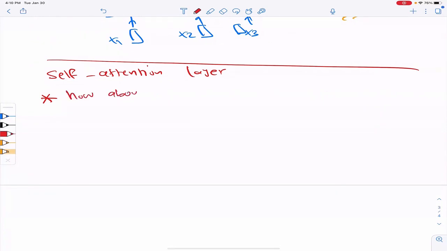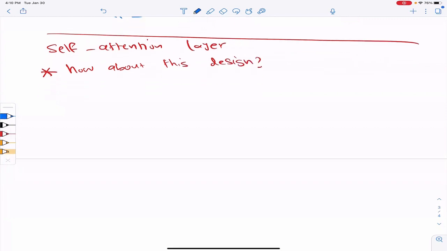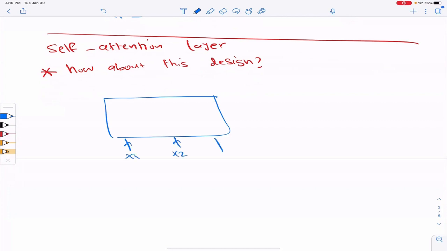How about this design? I have three vectors as my input, x1, x2, x3, and I want to get z1, z2, z3.